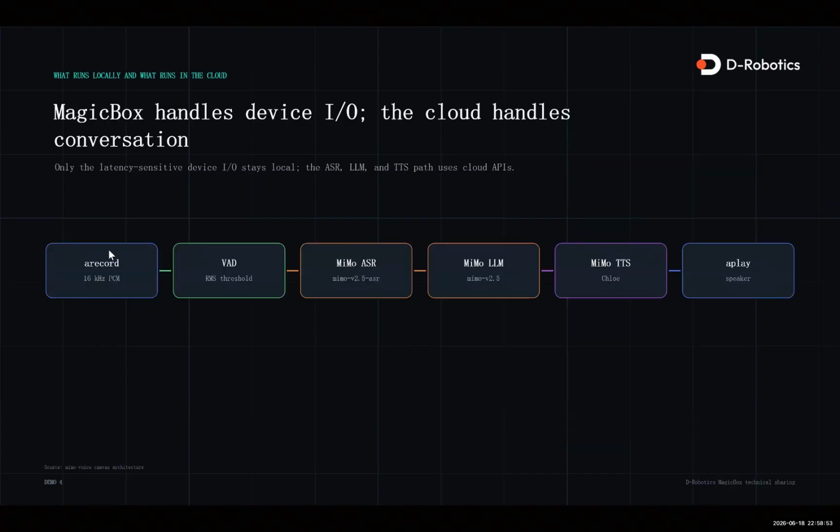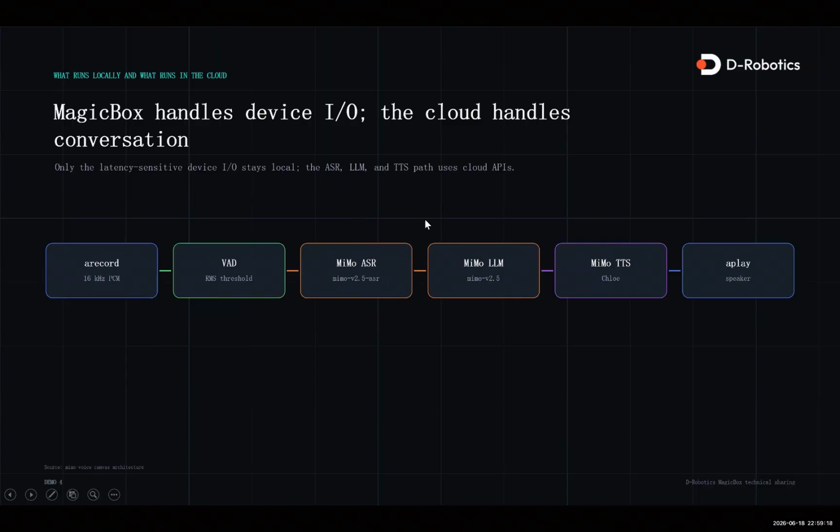So this workflow is similar to the local chatbot I just mentioned. The first step is the VAD and ASR model to detect the sound, and the ASR model will turn the speech into text.